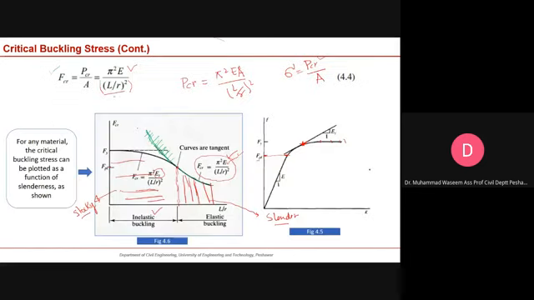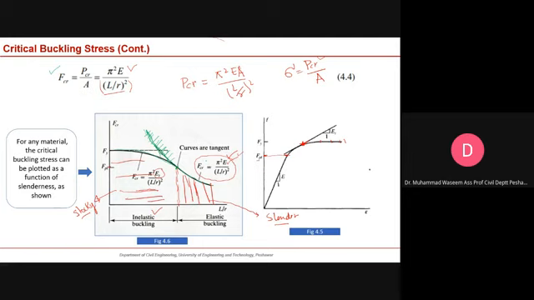And why is that? Because the Euler formulation tends to follow this path in the region after the proportional limit, but actually for stocky or very less slender columns, this is the stress path. Critical stress versus the slenderness.